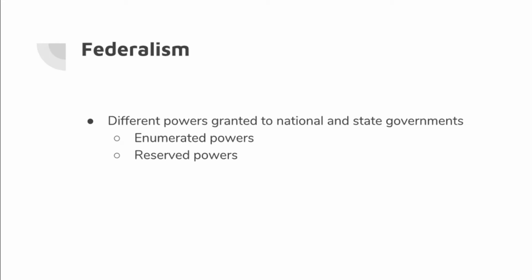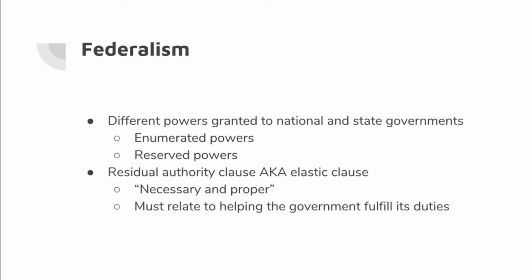So when establishing this idea of federalism, the Constitution granted enumerated powers to the national government, which basically means there were a bunch of powers in a section of the Constitution that were listed one after another and granted to the national government. However, the Constitution also reserves powers to the state governments, meaning that the national government cannot impose on those powers reserved to the states.